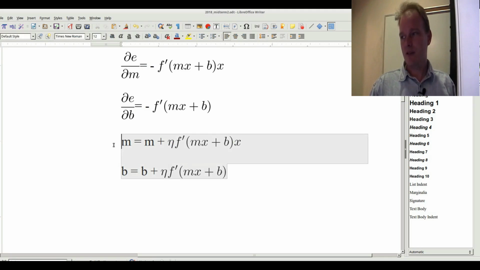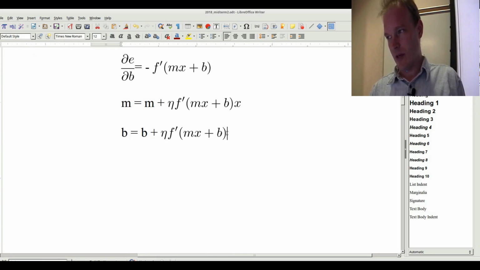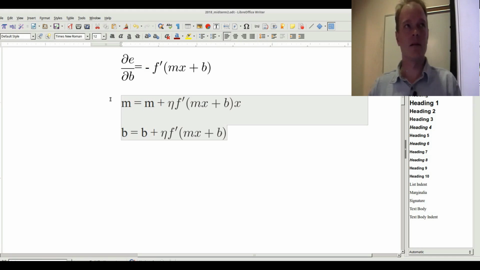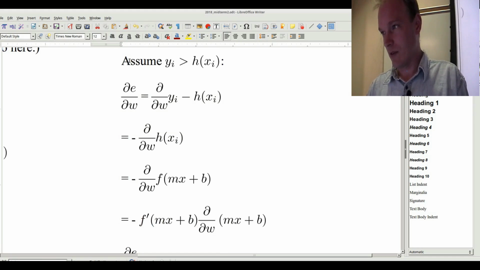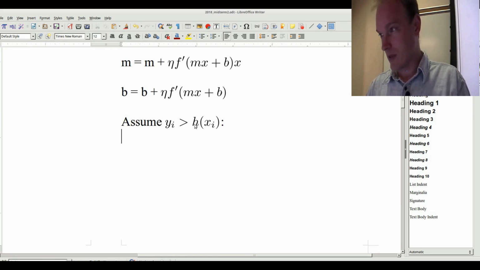So this is the answer to this problem for the positive case, meaning if I assume that y is more than h of x, as long as that's true, then this is how I update my m and my b. Now what we have to do to complete the problem is make the opposite assumption.